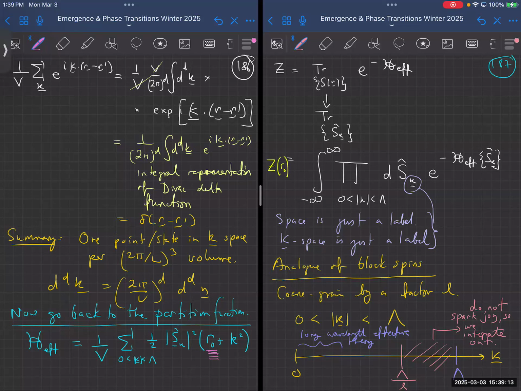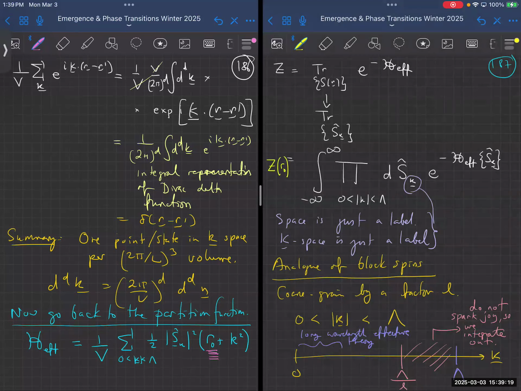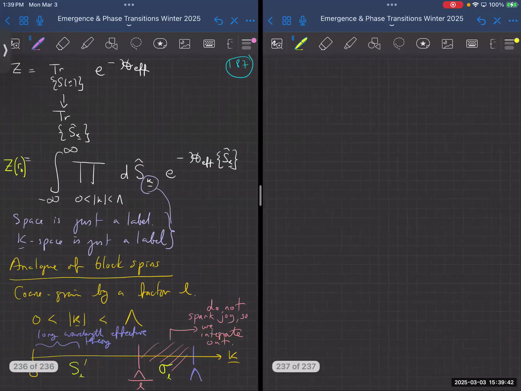So that is the strategy. So the Fourier variables that live inside here are going to be the sigmas that we had before. Remember, we had this short wavelength degrees of freedom, which we call sigma in real space. So these are going to be the sigmas, and these are going to be the SL primes over here. Okay, so that's going to be the analogy, and what we want is the long wavelength degrees of freedom.